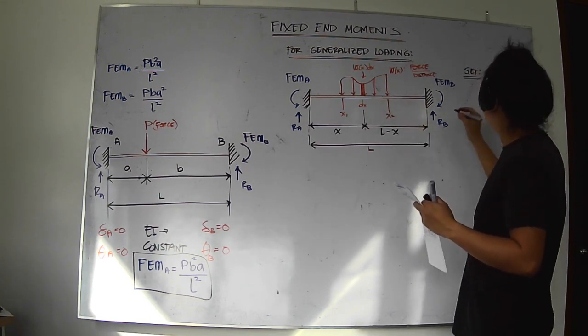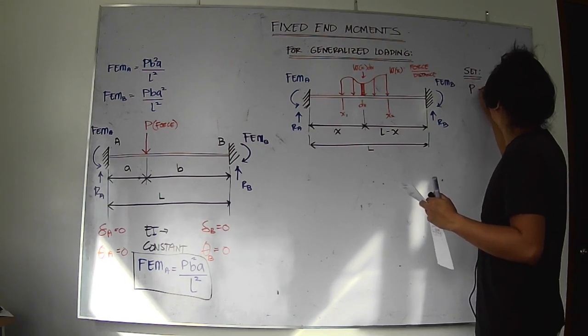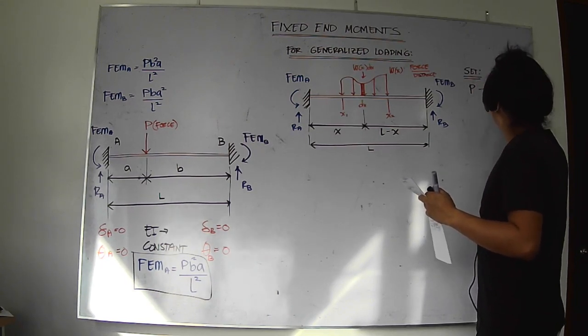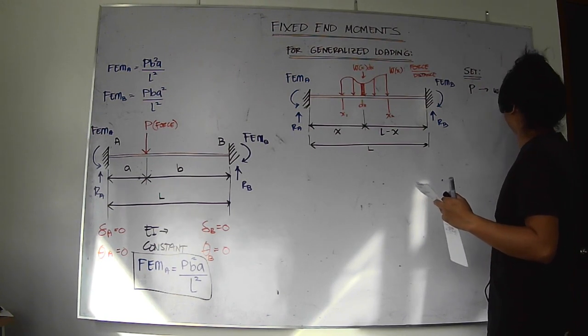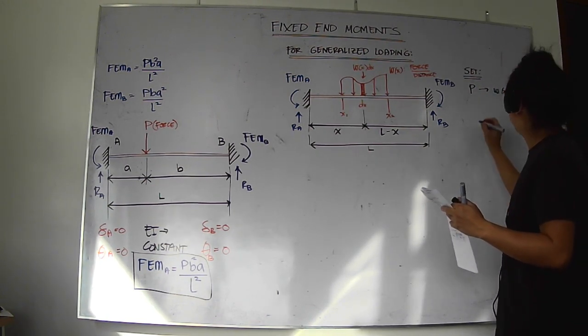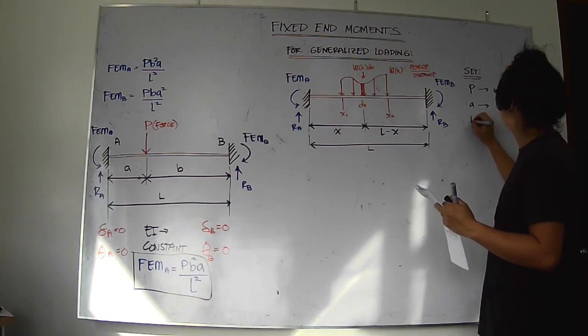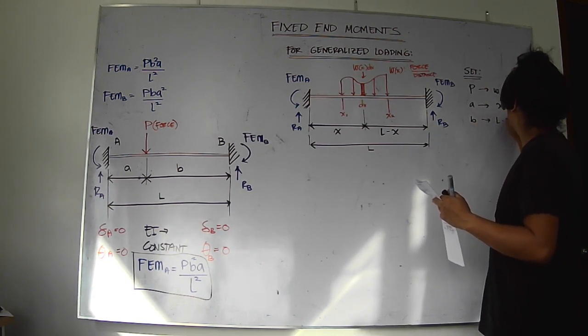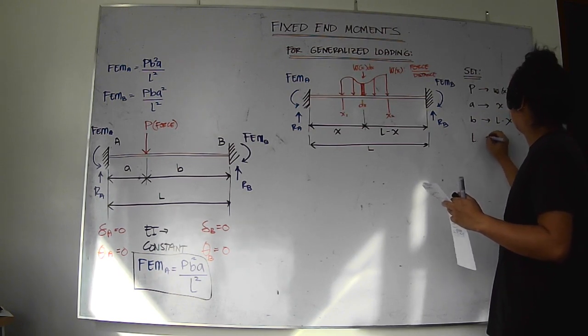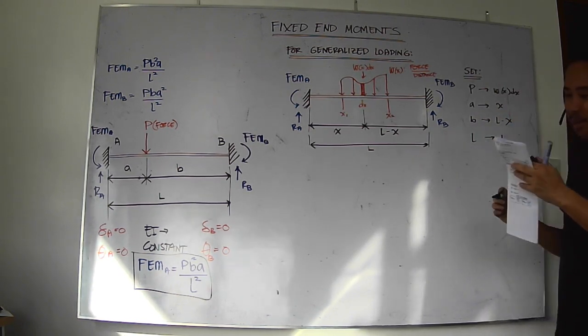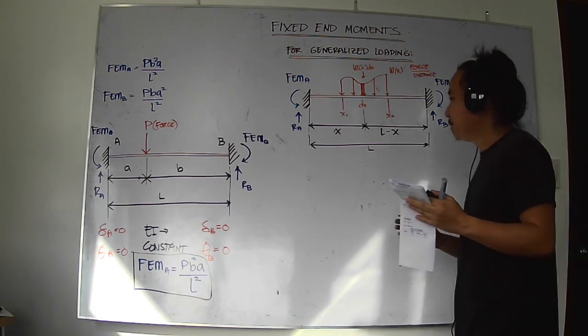P is wx dx. A is x. B is L minus x. L is still L.